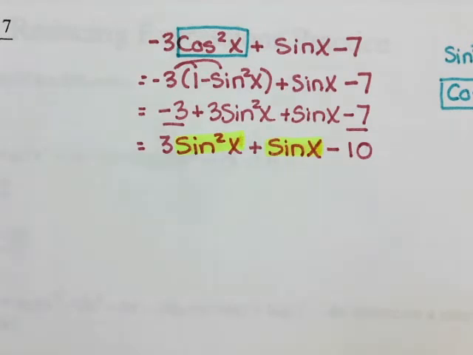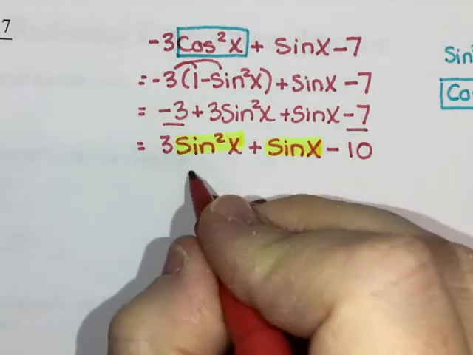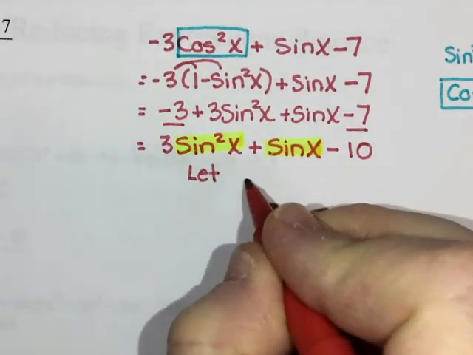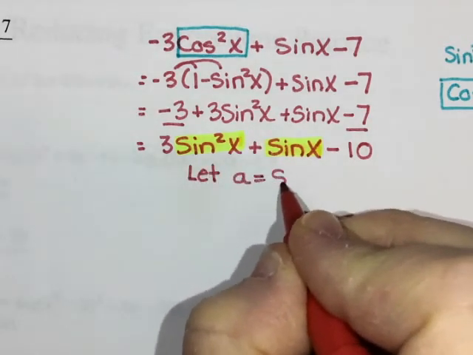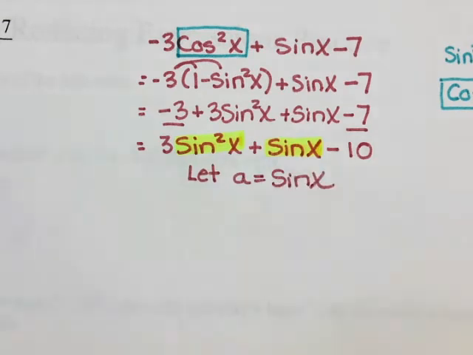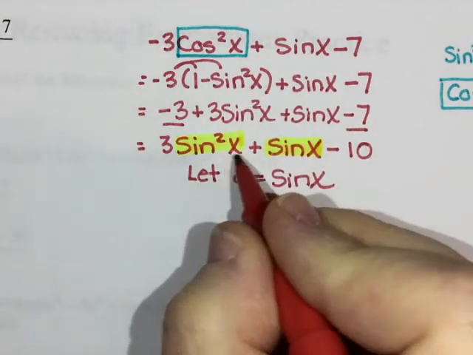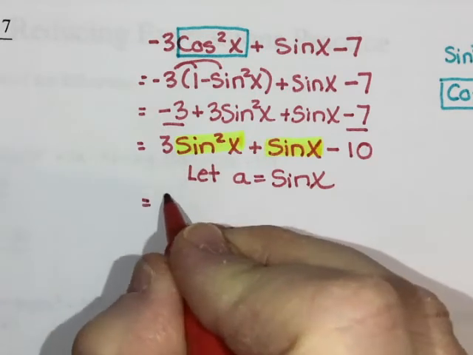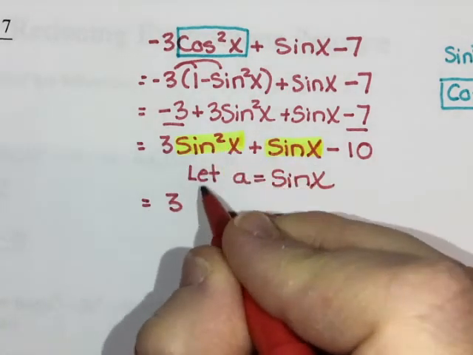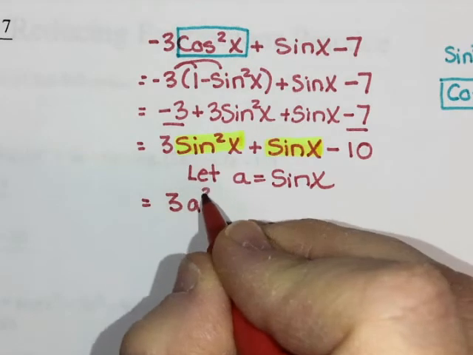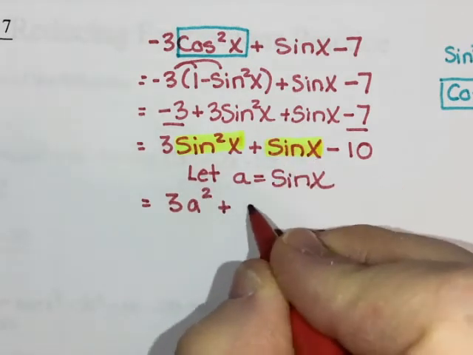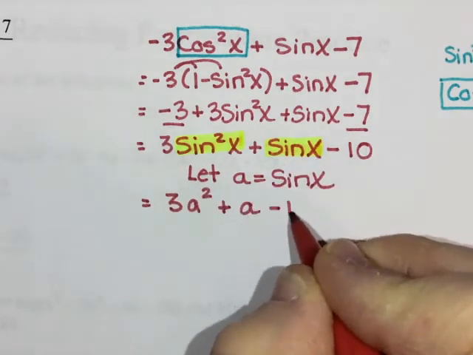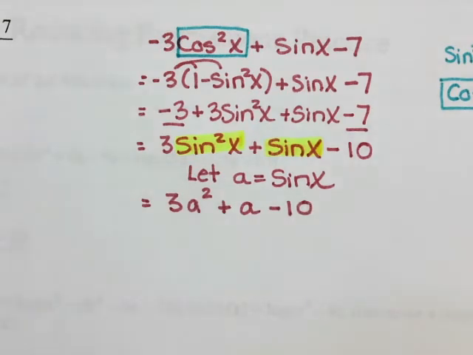So I would let a equal sine x, and then take out all the sine x's and put in a's. So I'm going to get 3 a squared plus a minus 10. I feel like we've factored this before in another lesson.